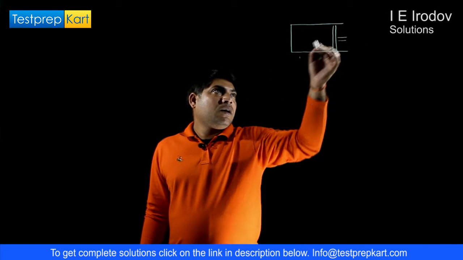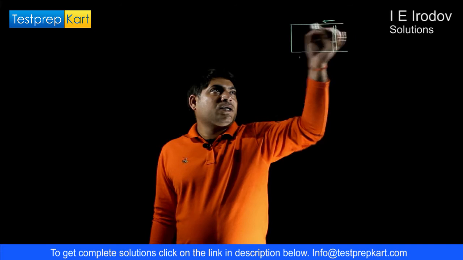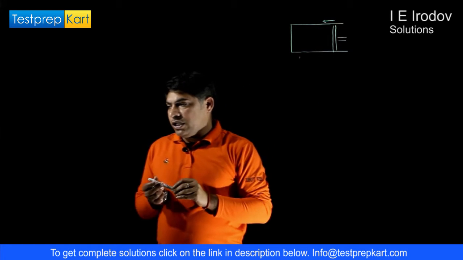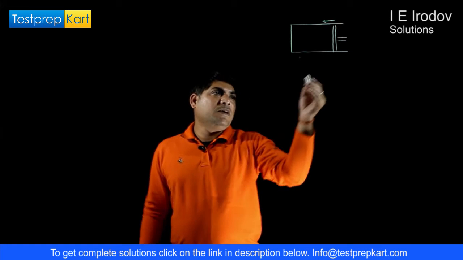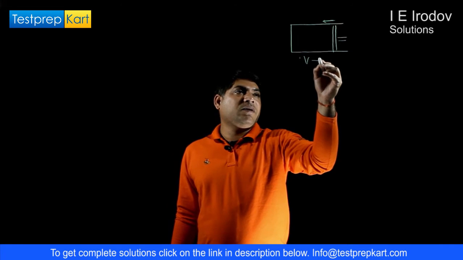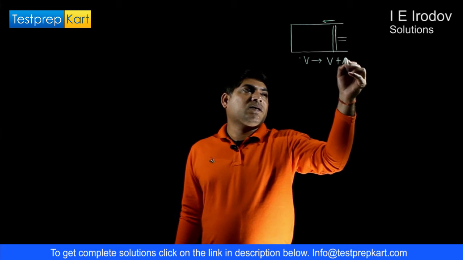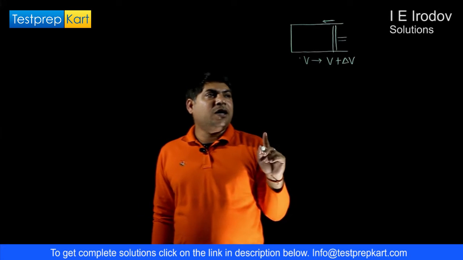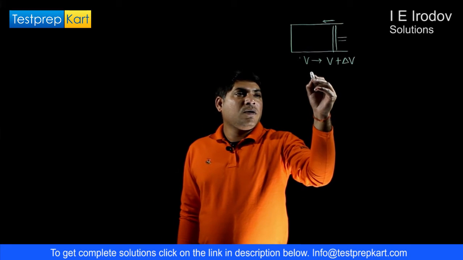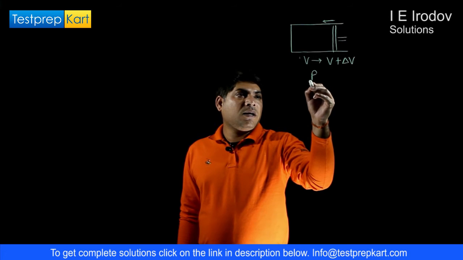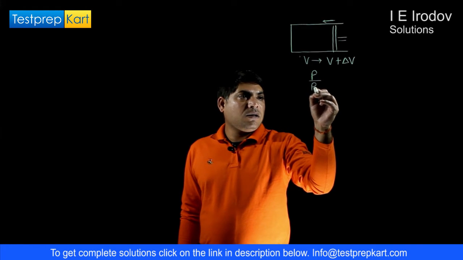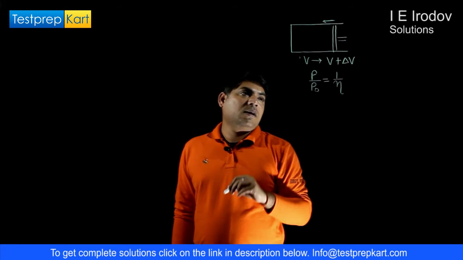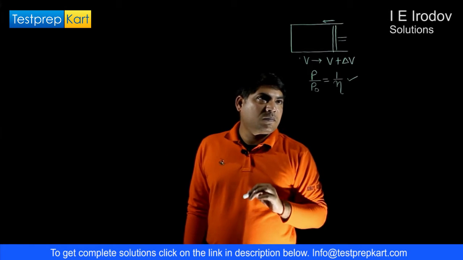When we put a stroke here, then each stroke the volume changes, from the initial V to V plus delta V. Now we have to find out the number of strokes when the pressure is reduced by eta times. This is our objective.